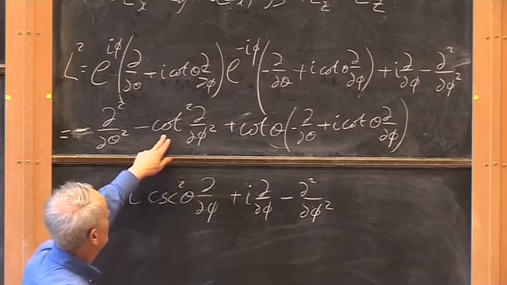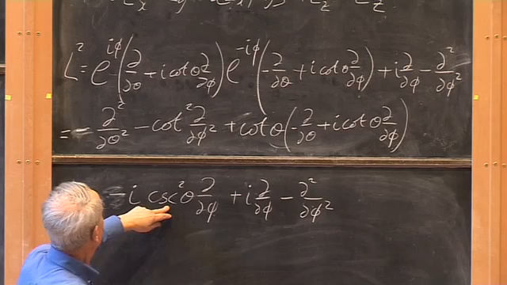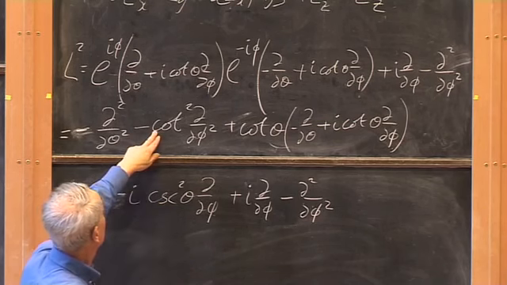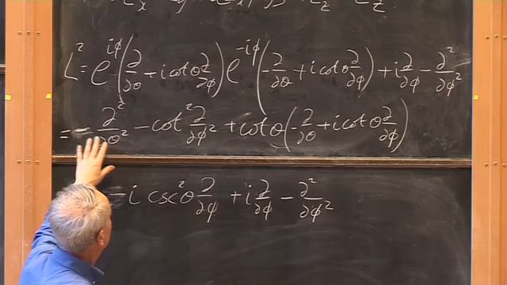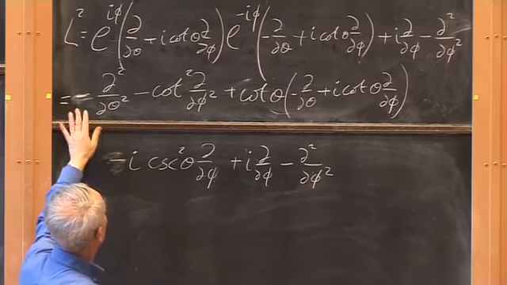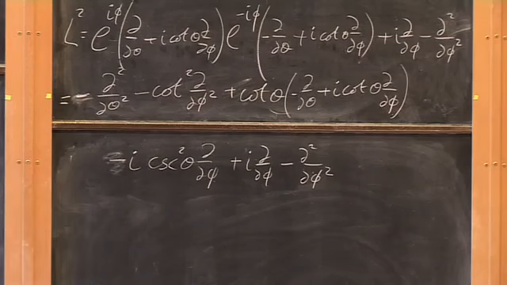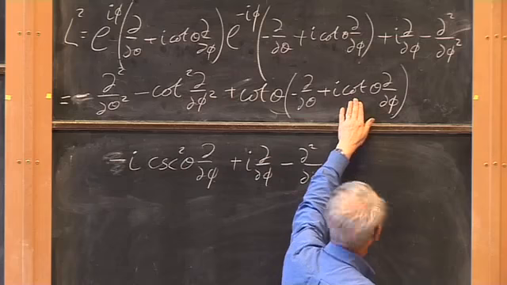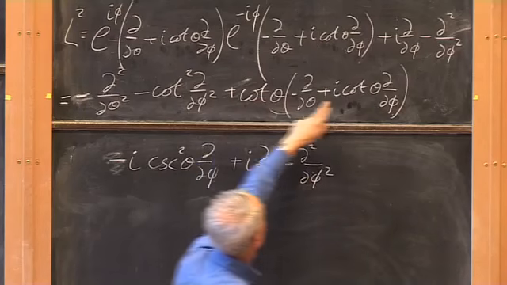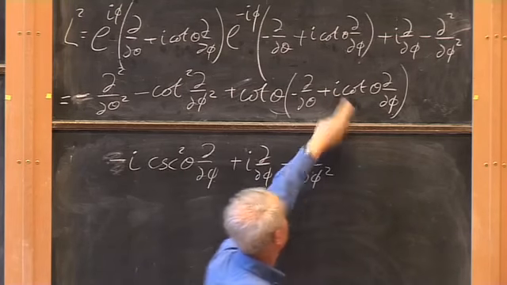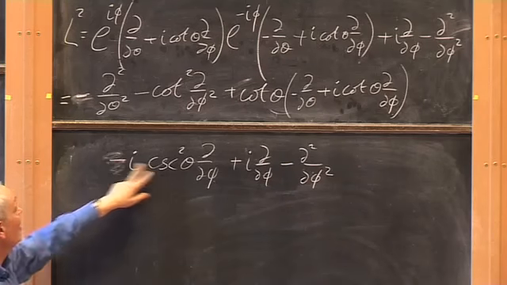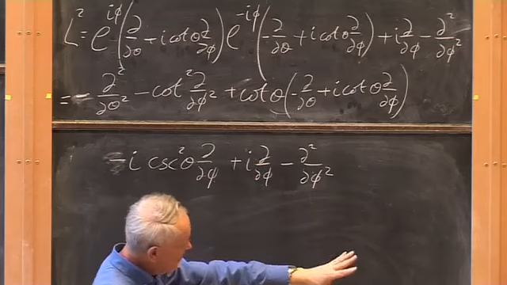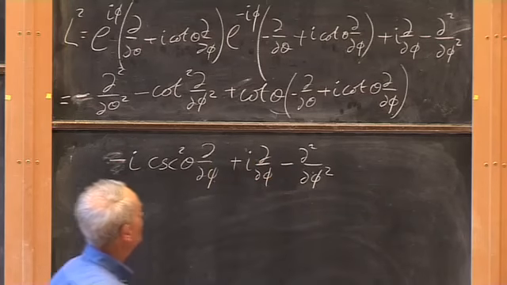And here's our cot squared. There's our cosec squared, and I'm missing an i. We have an i problem, right? I'm going to have a cot squared here with an attendant i, a cosec squared with an i, and a 1. So that causes those all to add up to nothing.